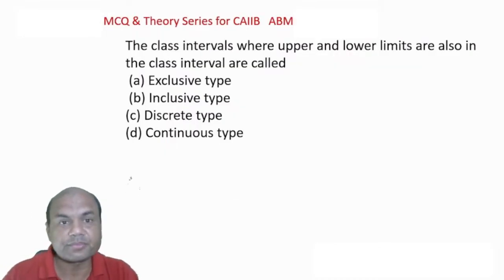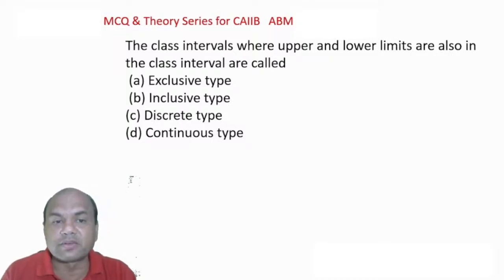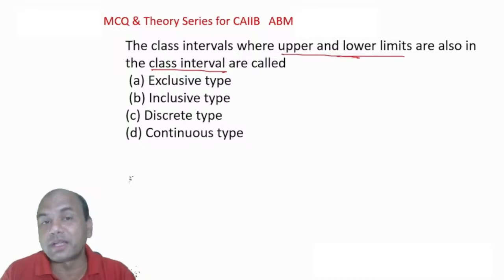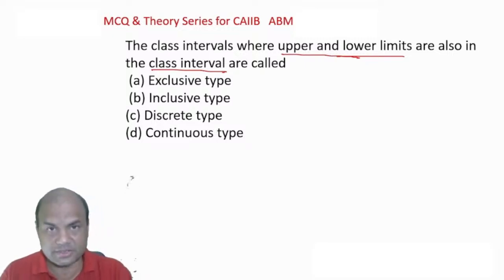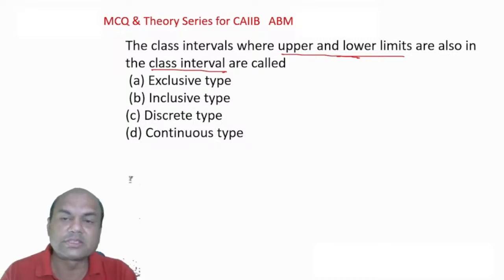The class where the upper and the lower limits are also in the class interval is called as. Have we done this? No, I was explaining you at that time. So this is the same question which we have done. Upper and the lower limits are also in the class interval. So it is called as exclusive, inclusive, discrete, continuous.